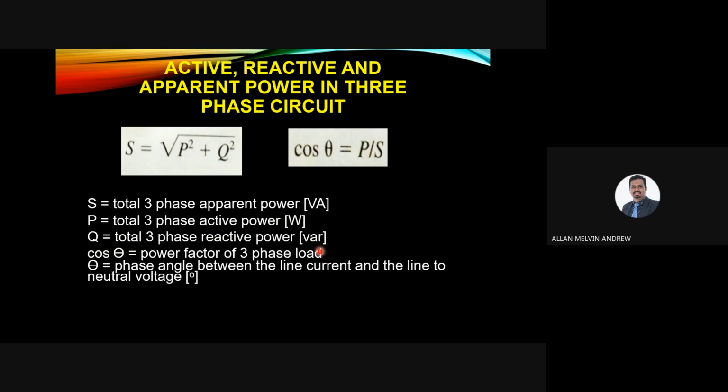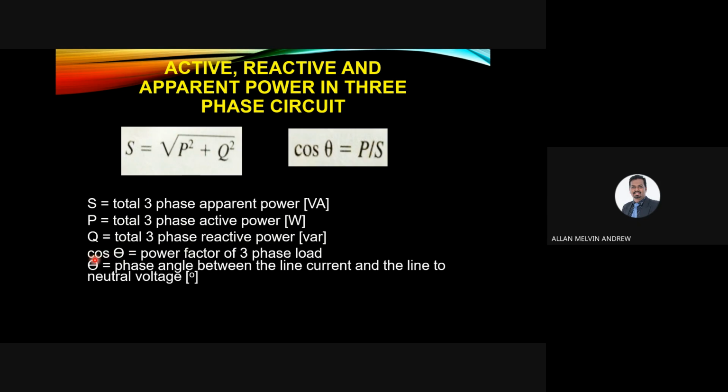And the apparent power S is voltage ampere, so voltage times current. But this is the formula: square root of P square plus Q square.